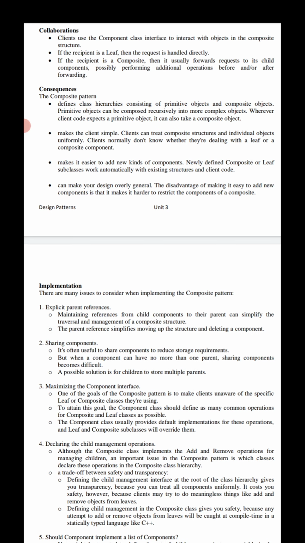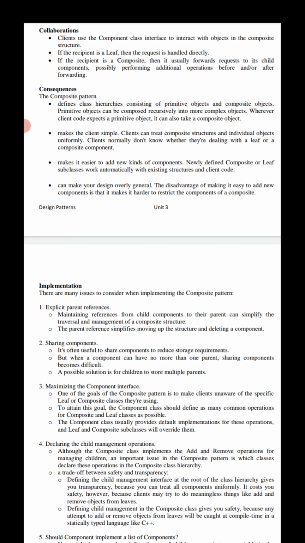And coming to the consequences, in the sense how to describe the results of applying this pattern. First of all, we need to define class hierarchies, consisting of primitive objects and composite objects.